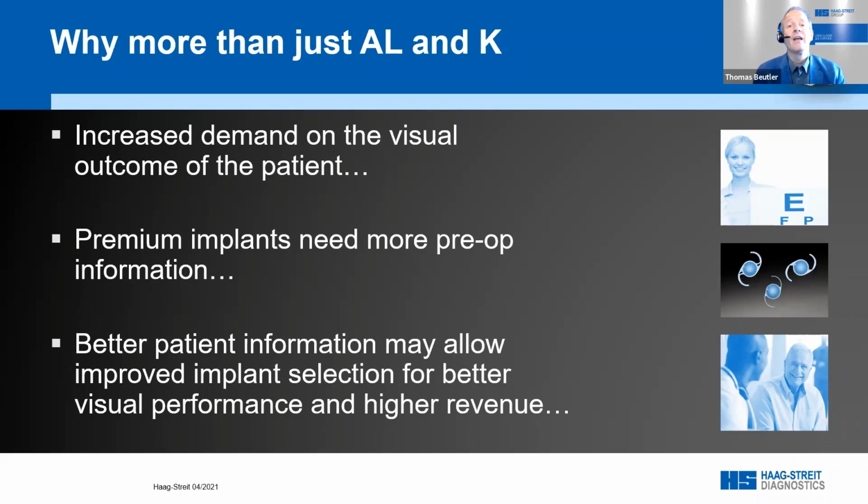And last but not least, having more information available on the eye than just axial length and keratometry also enables you as eye care specialist to provide a better basis for the cataract patient to decide on the optimal implant for him or her. So somebody who is actually a candidate for a toric IOL or a multifocal IOL can then make the right decision, also to invest more in his vision to get a better outcome and a more independent life with respect to his visual acuity.